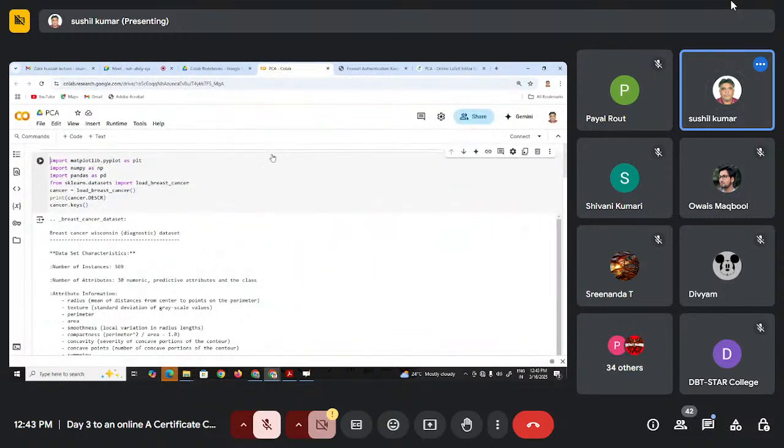I have the Python programming for how you can do principal component analysis. I took matplotlib for plotting the graphs, numpy for some mathematical calculation, and pandas for our data set. sklearn.datasets is there, and I'm directly importing this data set, load breast cancer.